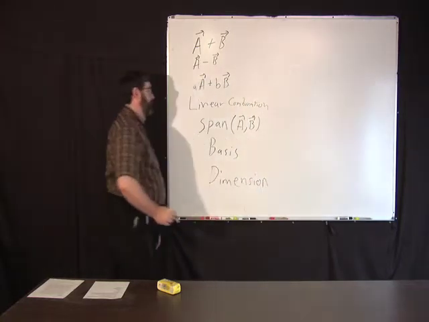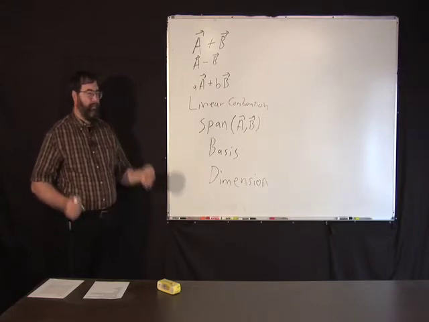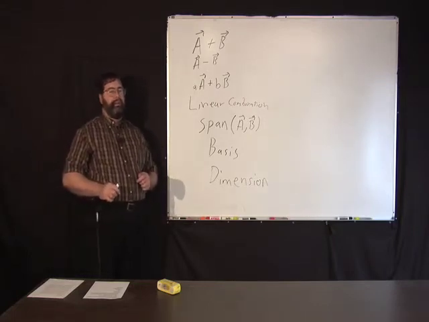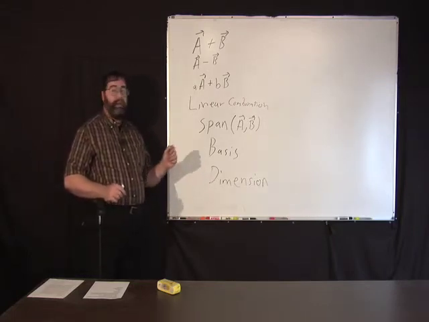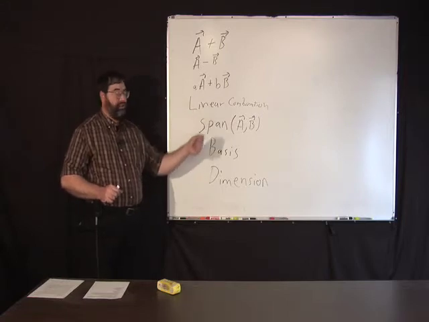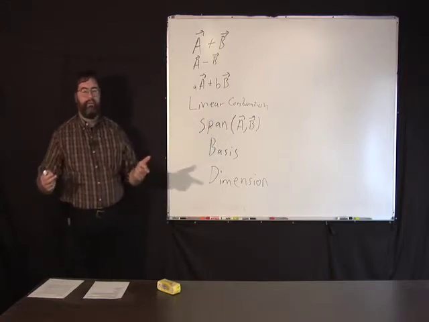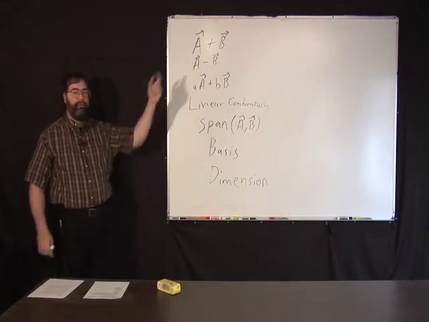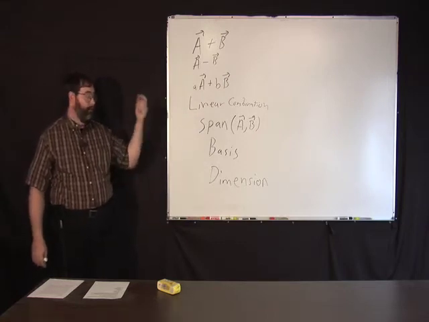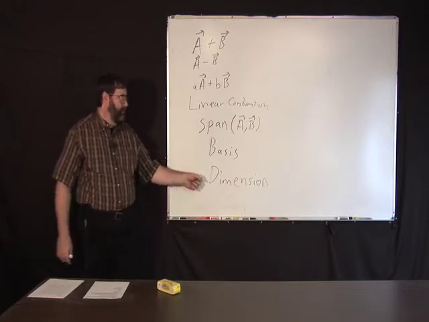Okay, these are all concepts with vectors. So the minimum number of vectors it takes to span a particular space is called the dimension of that space. In a two-dimensional space like this whiteboard, you only need two vectors to specify every point on the whiteboard. Okay, that's the concept of dimension.